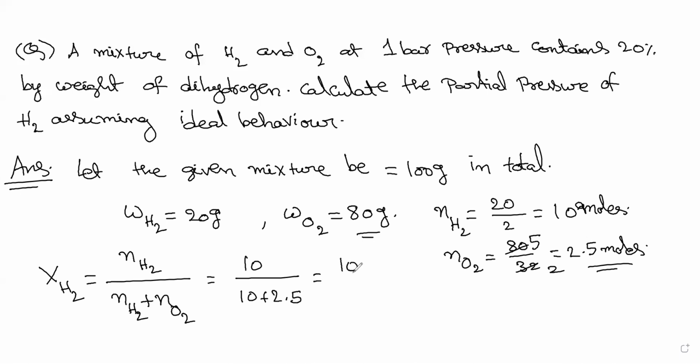So that is 10 by 12.5. This works out to about 0.8, and that of oxygen, X of O2, you calculate that and you will get 0.2. Okay, let's note this down.